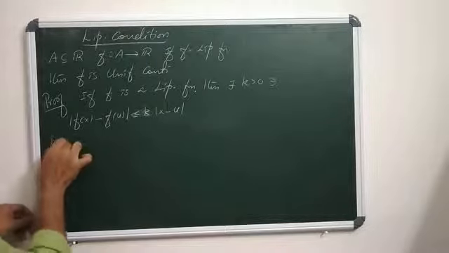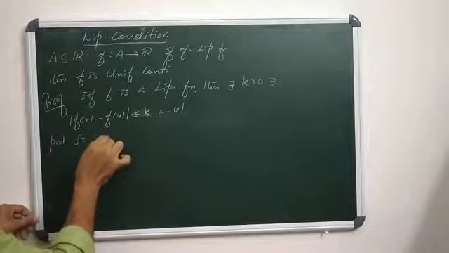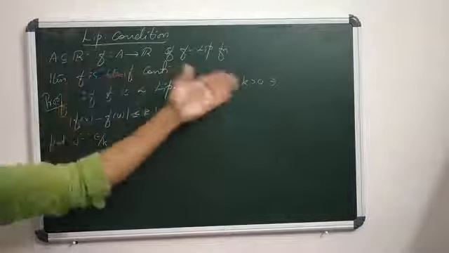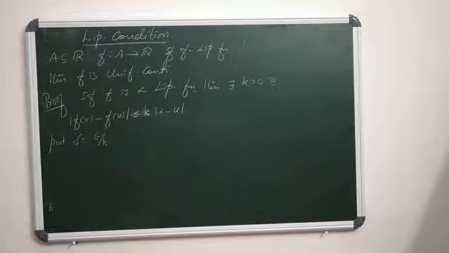Put delta equals epsilon by k. Delta is positive, since k is positive and epsilon is positive.